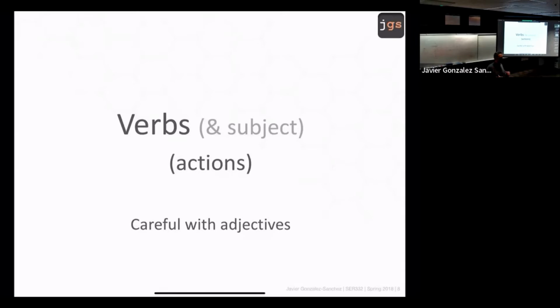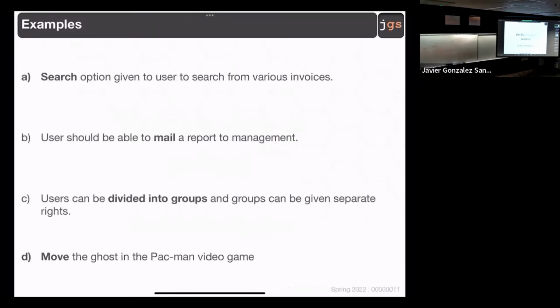The user wants to send an email, the user wants to, etc. For the last ones, search, the user, mail, the user, divide into groups, the user. The last one, I didn't mention the subject. It's a good idea to always mention the subject.